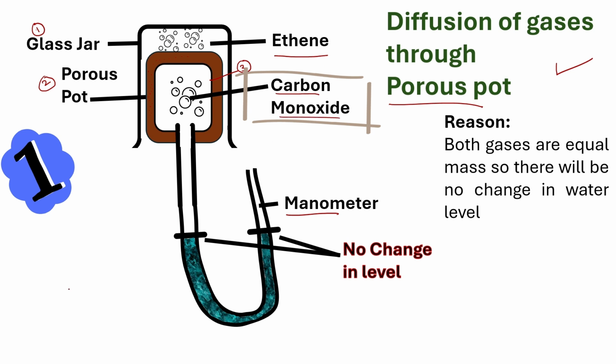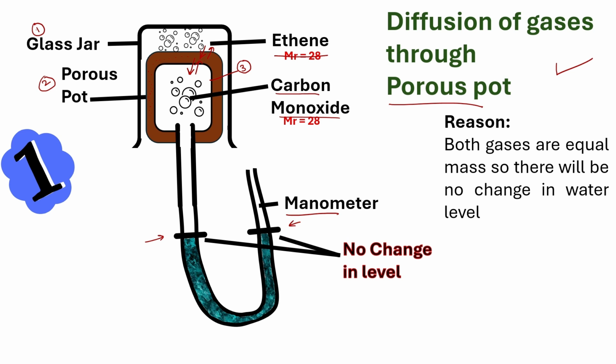I have written their Mr, both 28 and 28. These have the same masses, which means the gases are moving in and out of the porous pot at an equal rate. So the pressure in the manometer will not change, and you can see there is no change in the level of the water.